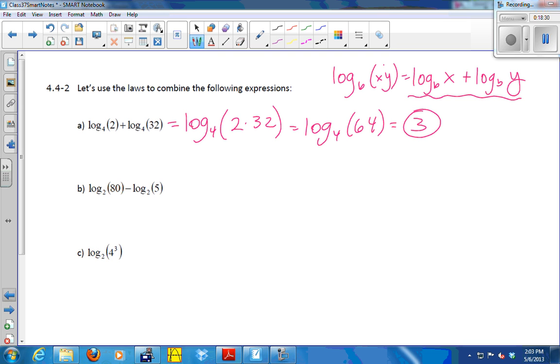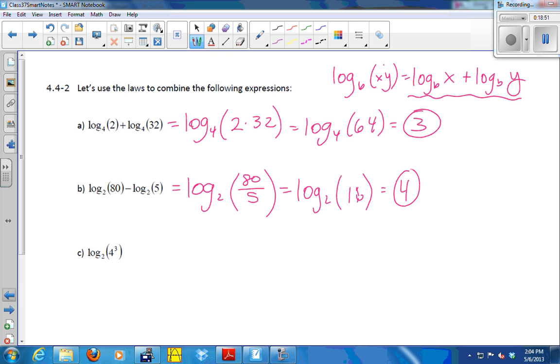So I can go backwards from the division property, right? So I should be able to write this as a single log where I take the quotient, 80 over 5. So this is log base 2 of 16. And 2 to what power gives you 16? 4.